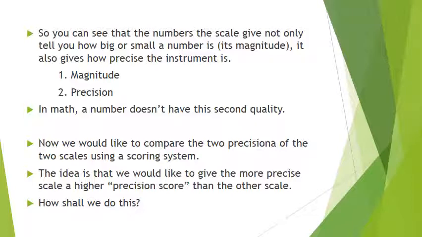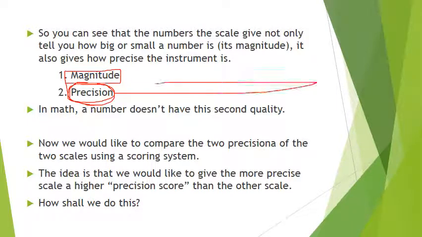So you can see that numbers and scale don't only tell you how big a number is, its magnitude, but they also tell you how precise or how unblurry your number is. In math, this quality is non-existent for the most part, unless they're using science.